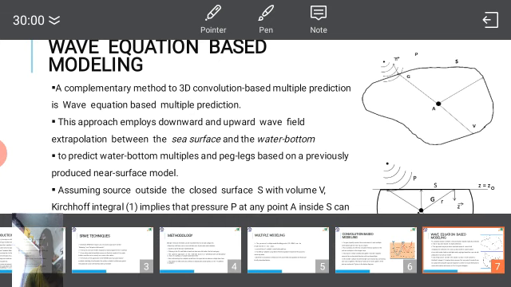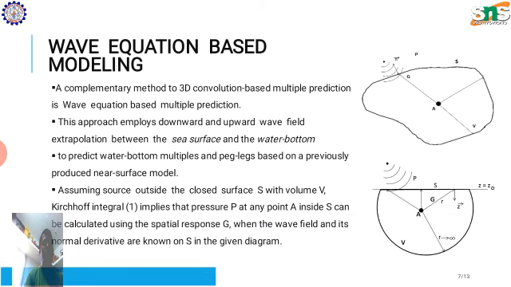This diagram assumes a source outside the closed surface S with the volume V. The Kirchhoff integral implies the pressure P at any point A inside S can be calculated using the spatial response G when the wave field and its normal derivatives are known on the surface S. Thus, this is given in the diagram.